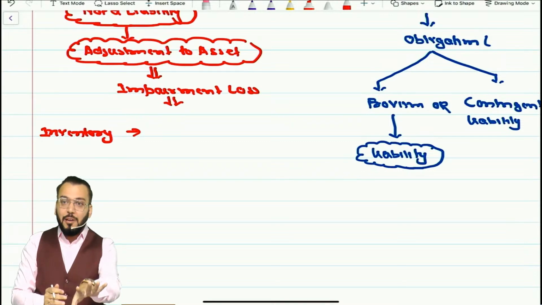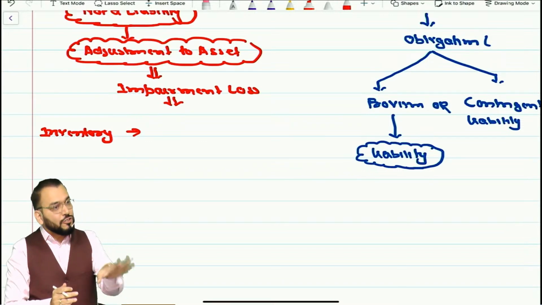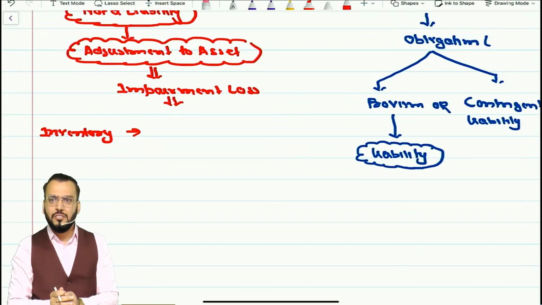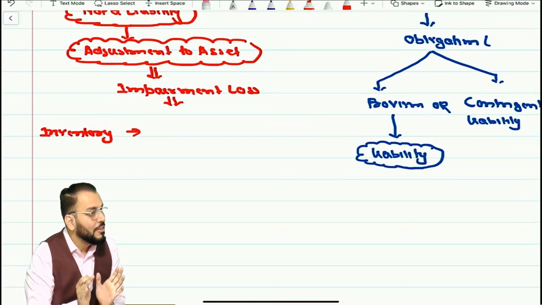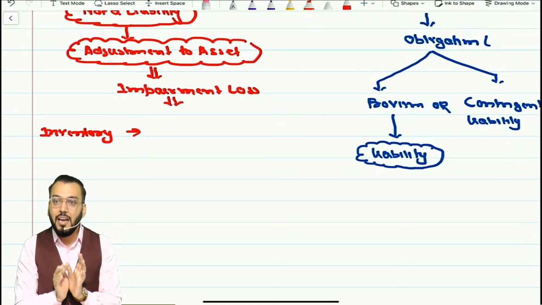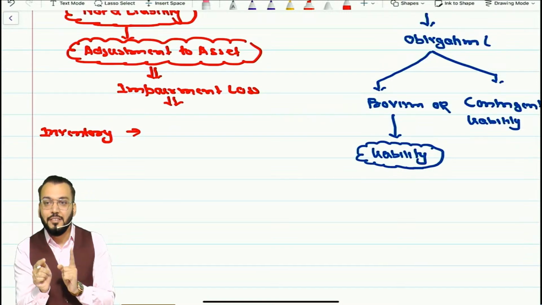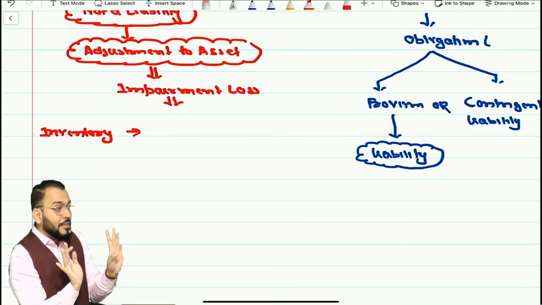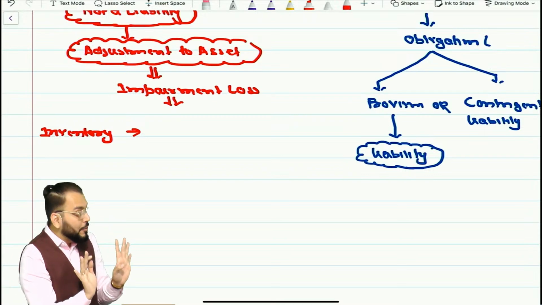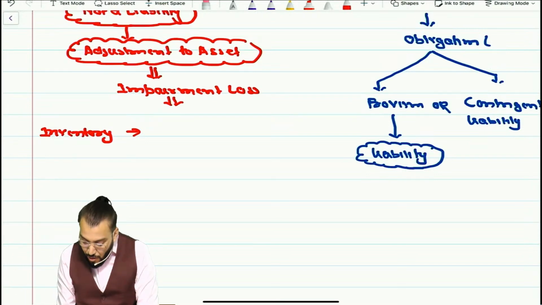Means you have covered that impairment loss. You have charged that loss to P&L, but that was an expected loss. Expected loss arising due to a past event, not because of a future event. That is known as impairment loss. Now this loss will be covered under Ind AS 2.